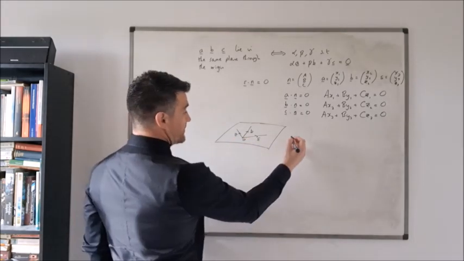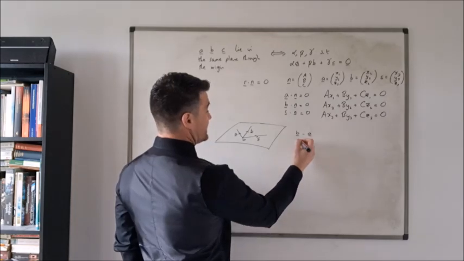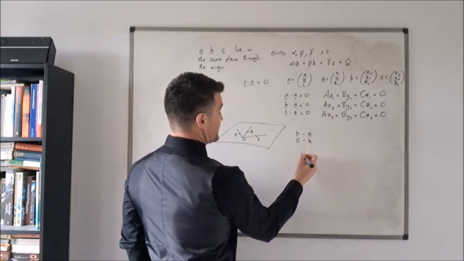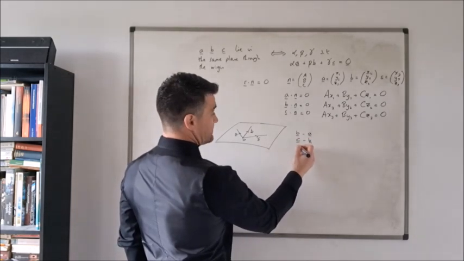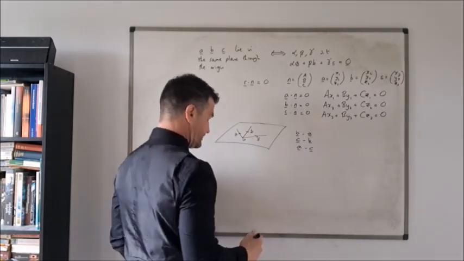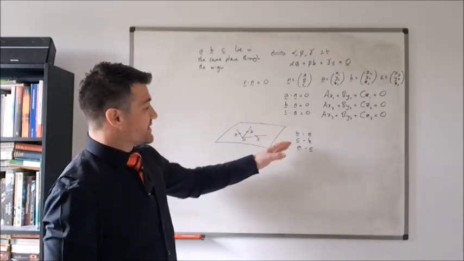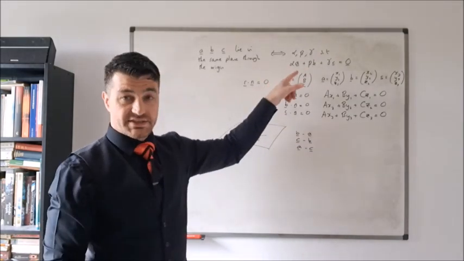And of course, we've got vectors, for example, B minus A, which is going to be in the plane, C minus B is going to be in the plane. What else have we got? A minus C, for example. I was thinking, could I combine these in a certain way to get this?